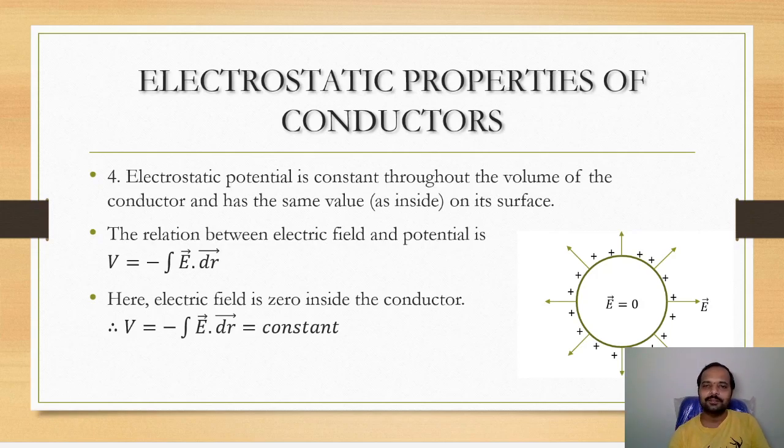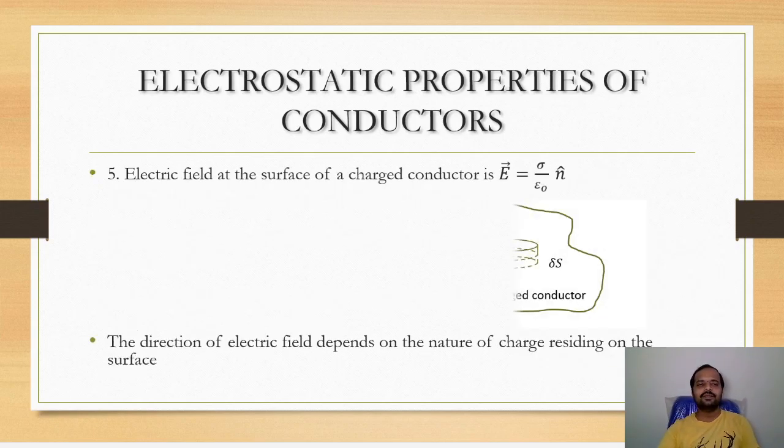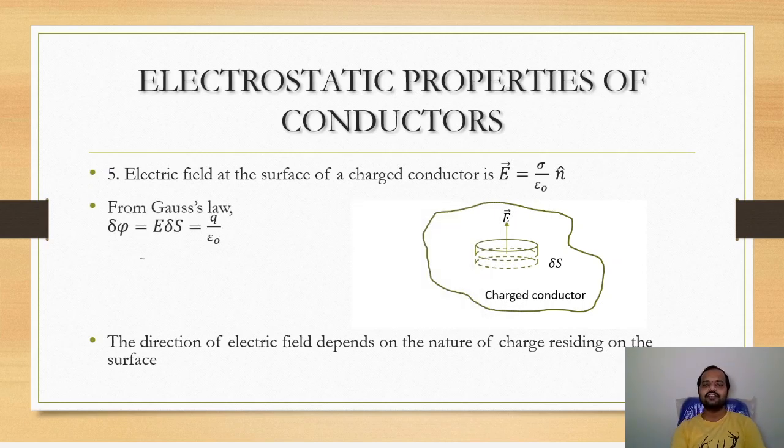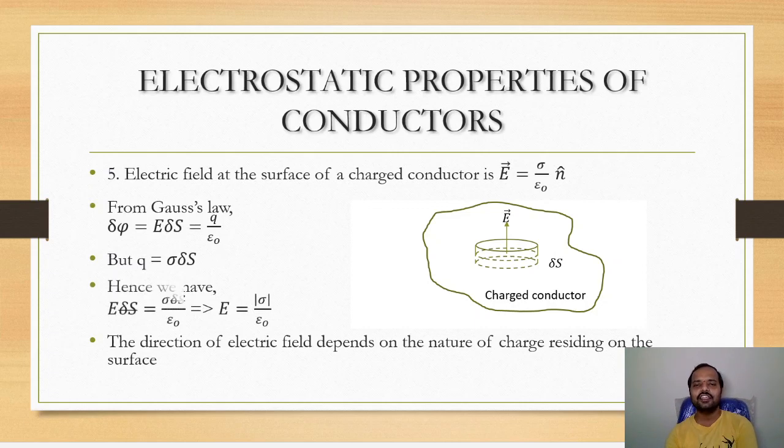The value will be the same as that on the surface of the conductor. So the next one is that the electric field at the surface of a charged conductor is E bar equals sigma by epsilon naught n cap. So how to do this? Very simple. To do this, let us take a charged conductor. Here I have taken a random shaped charged conductor, as you can see here.